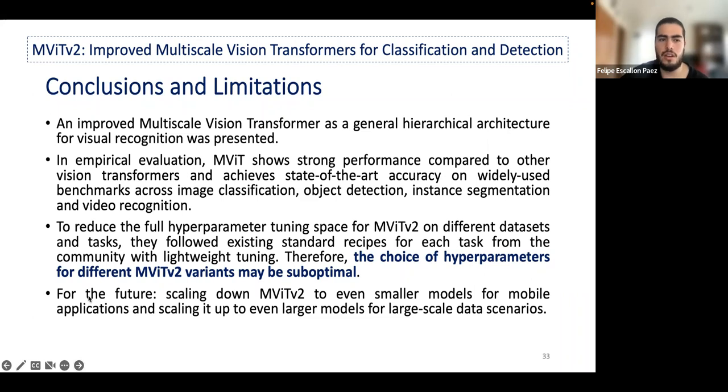Also, they mentioned that although they have five different sizes of these transformers, they did so to compare themselves to other methods, but that they are seeking to build some smaller ones so that this could be used for tiny ML applications or mobile phones or different applications, and also bigger ones for large-scale data scenarios. They would like to make some even larger models. And that's most of it.